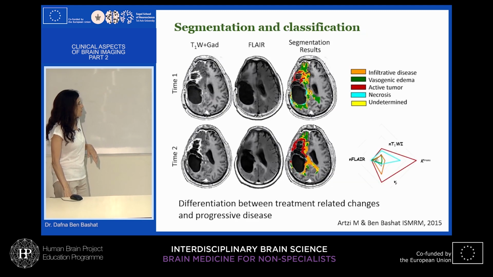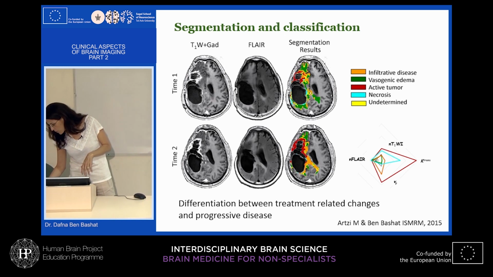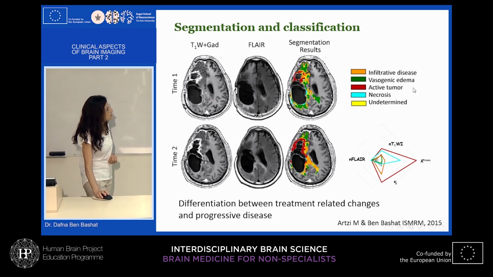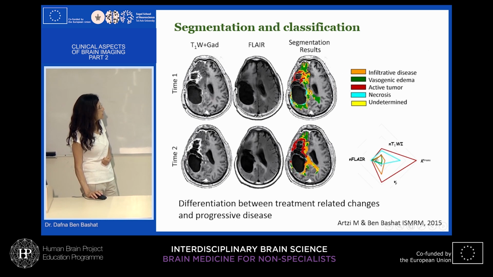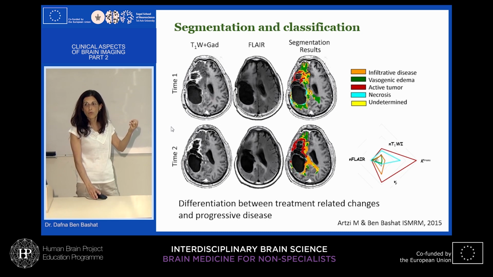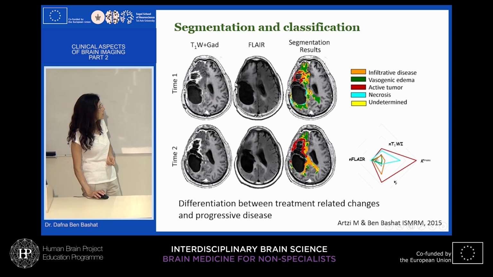This is just one effort that we are trying to make, really to give the radiologist all the information. For example, this is an enhancing area. But if a patient received radiation, this can be a response to radiation, what we call pseudo-progression. It's just a reaction to the radiation, and the tumor cells actually responded. Or it can be that the tumor didn't respond, and this is progressive disease. Just by conventional imaging, radiology cannot diagnose this.